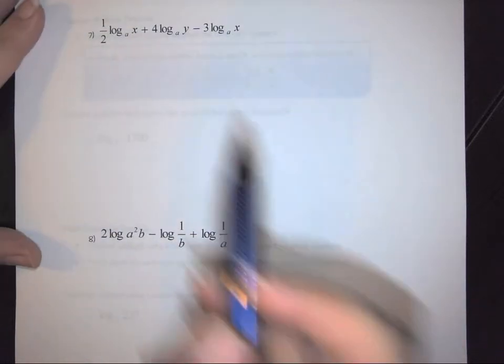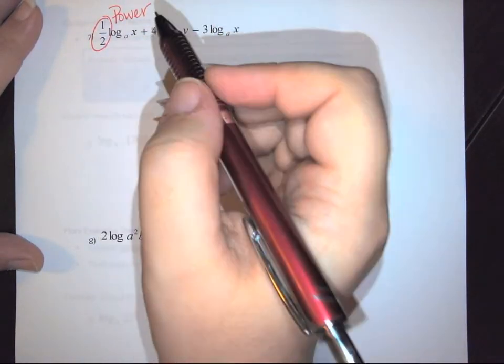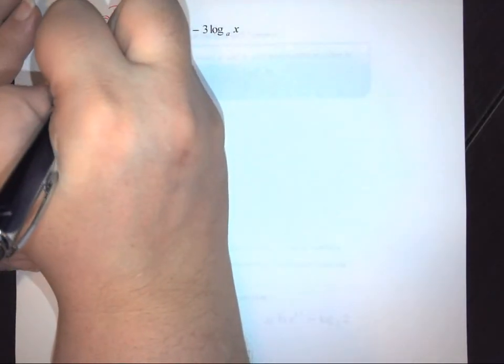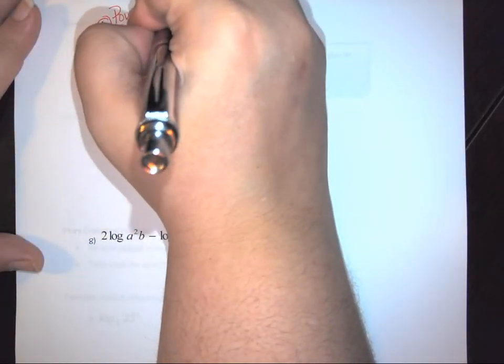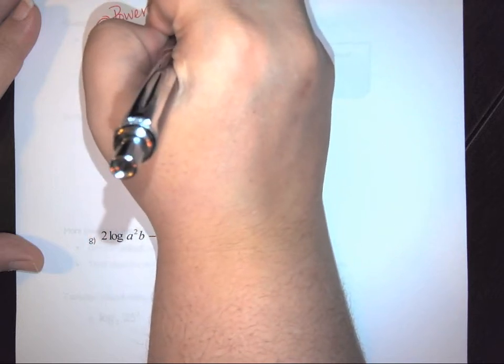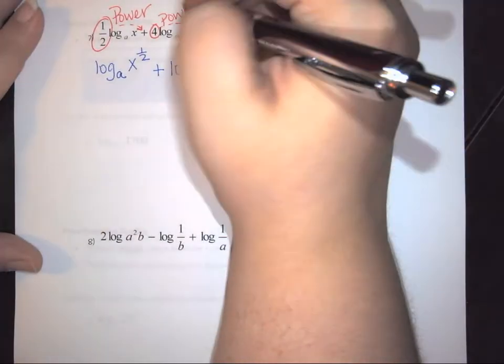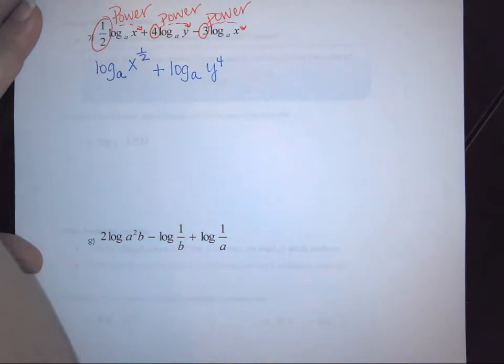So first and foremost, right here we have a power rule, and the power rule is being applied just onto the x here, so this is going to come just right onto here, and so this is rewritten as the log base a of x to the 1/2, and then here is a power rule which gets applied to the y, so we have plus the log base a of y to the 4th, and then last we have a power rule here on the end which gets applied to this x.